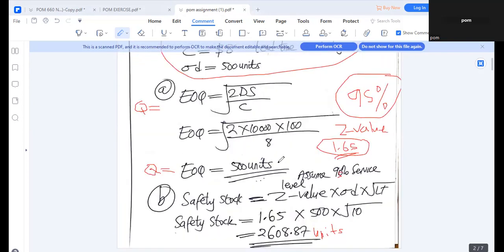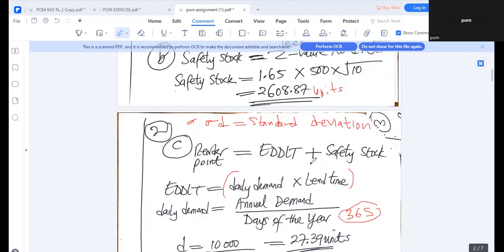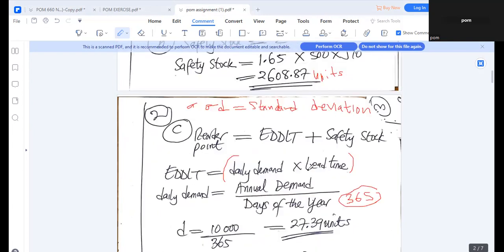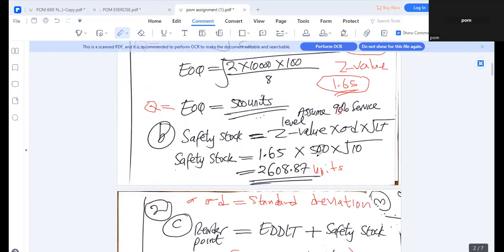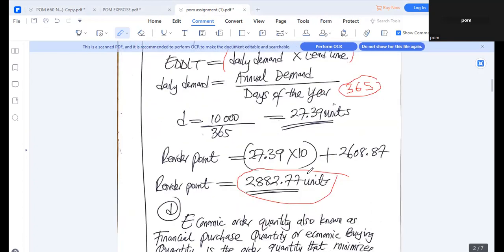This is because of the information that the examiner provided, 500 and all that. So we have gotten the safety stock there. The reorder point is 2882.77 units.